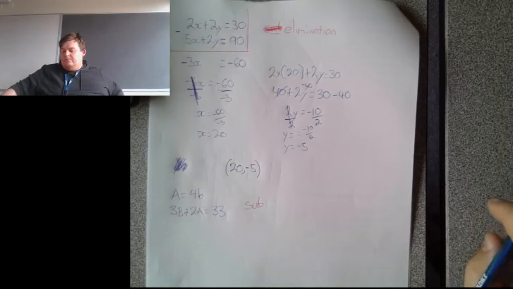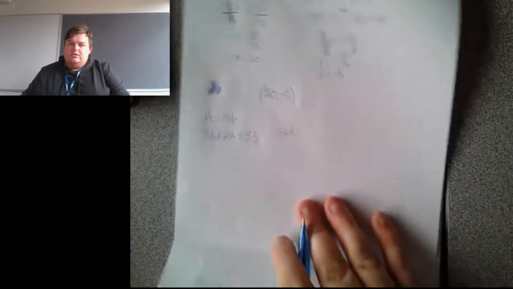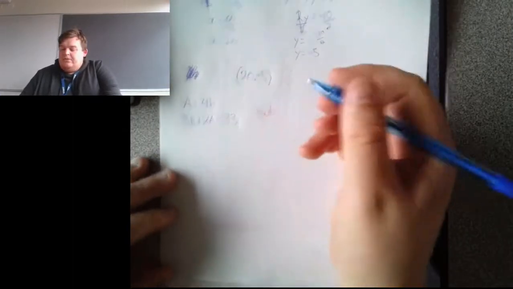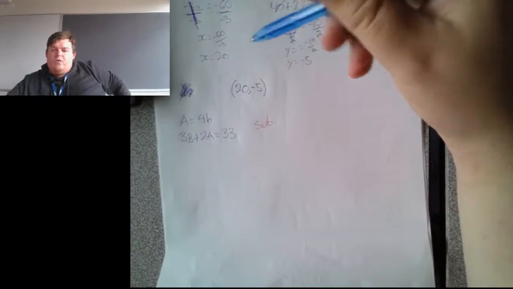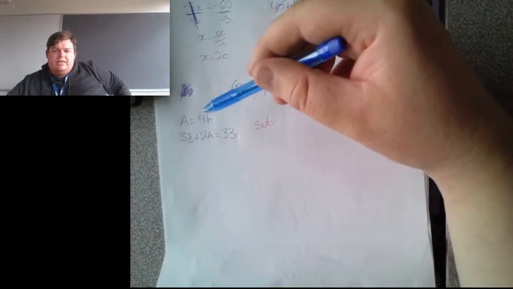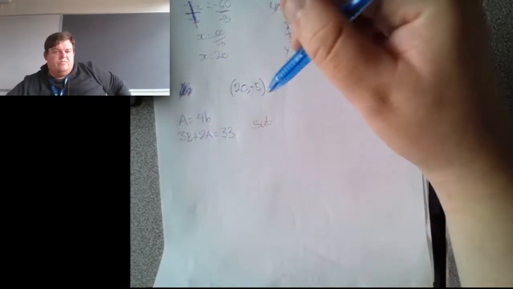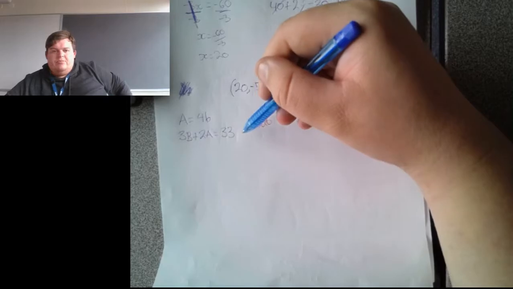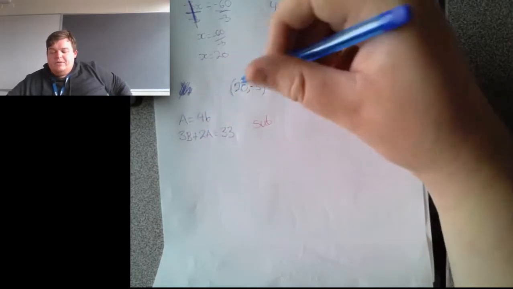Okay, now we'll do substitution. Substitution is a bit different again. I have my two equations, and they need to be written in the form of one of the variables equals the other in some way. See how this first one is a equals 4b? What that means is in the standard equation, the one below, I can replace a with 4b.